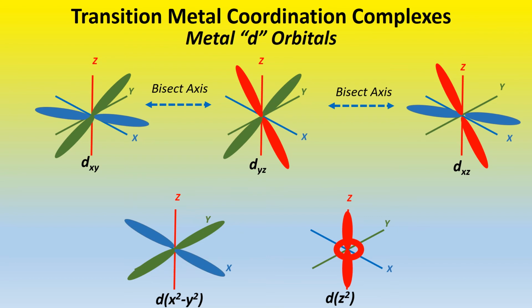The last 2 orbitals, dx squared minus y squared and dz squared, sit directly on top of the axes. These geometric considerations actually have a very large impact upon how complexes behave and why they're interesting.